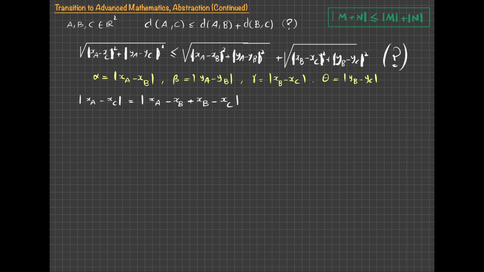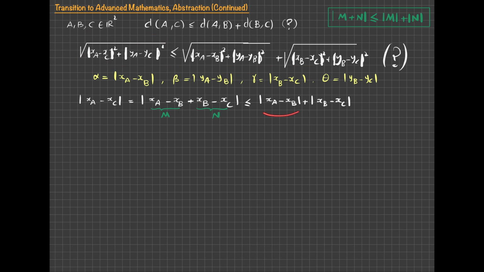Now I can give the role of m to this and the role of n to this. Then I can write that this is less than or equal to the absolute value of m, which is the absolute value of x sub a minus x sub b, plus the absolute value of x sub b minus x sub c. If I ask you now what this is, do you remember?